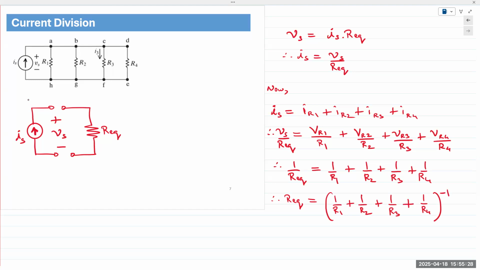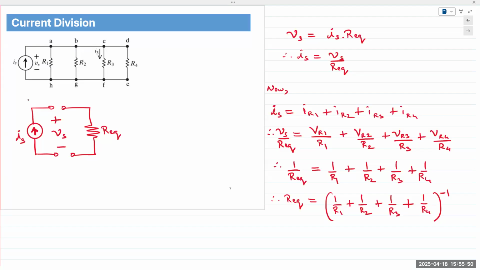The equation is familiar, right? Derivation? Not done before. Okay, that's where it comes from.